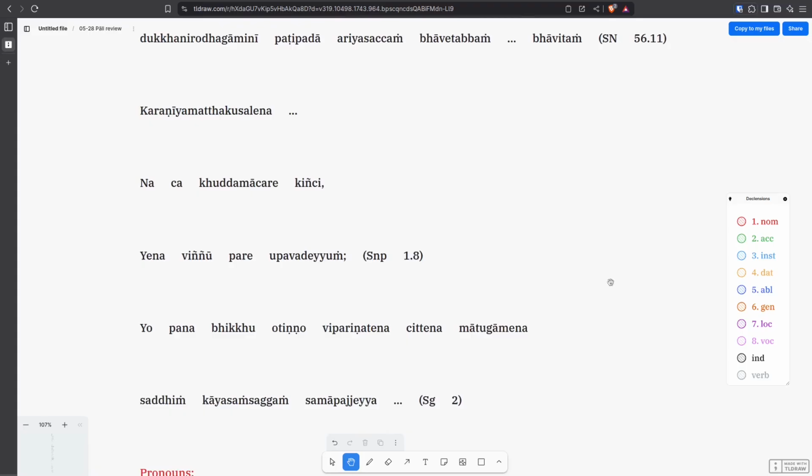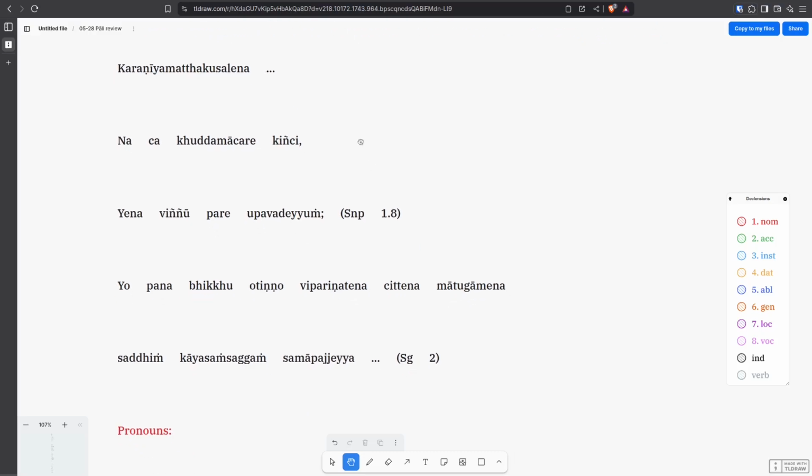Let's read this little bit from the Metta Sutta. This is on the 3rd page on your papers, from Karaniyamatta Kusalena, and then we'll read that little verse from the Sila Sutta.